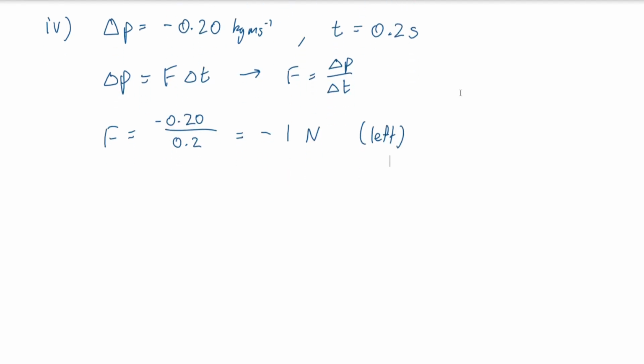And let's just double check to make sure it makes sense. So the can was moving to the right initially, and then you kicked it to the left. So if you're kicking it to the left, this poor can here will experience a force to the left, right, from your kick. So that makes sense.